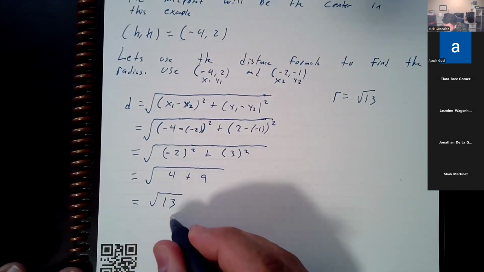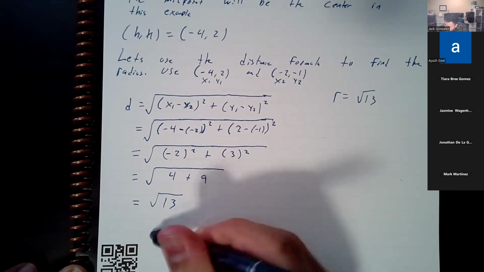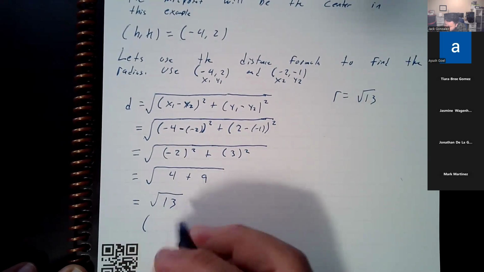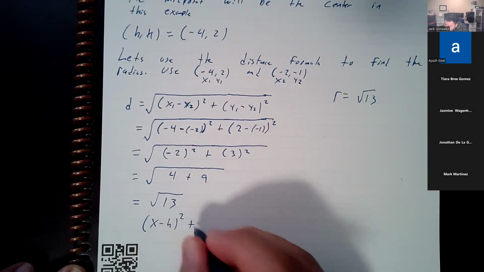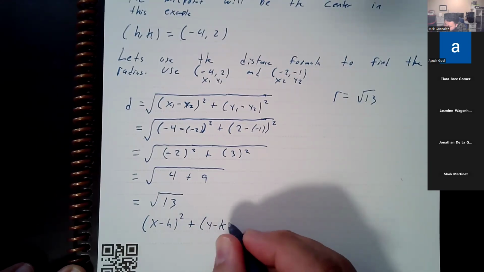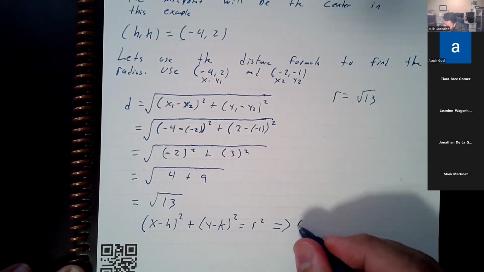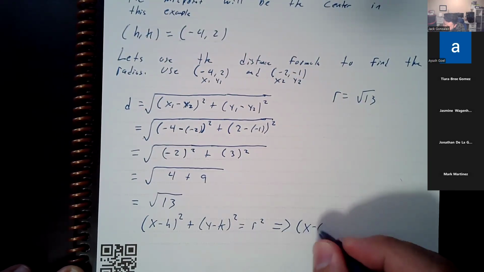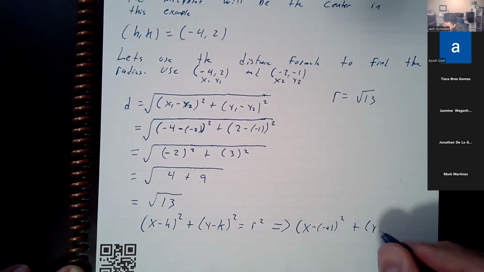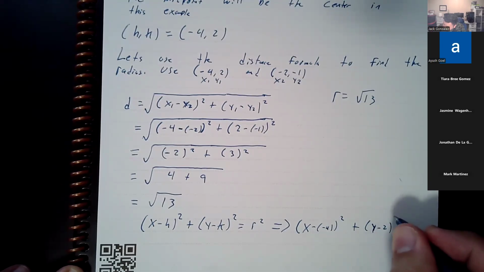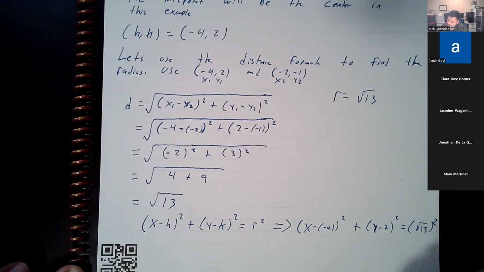All right, and then that's it. Plug everything in. (x minus h)² plus (y minus k)² equals r squared, which implies we're going to get (x minus negative 4)² plus (y minus 2)² equals root 13 squared.